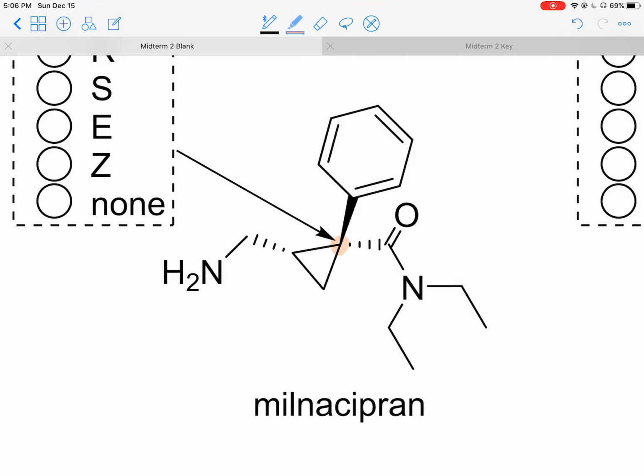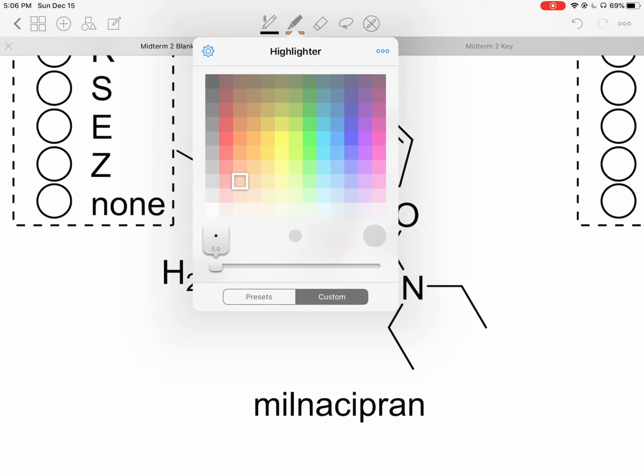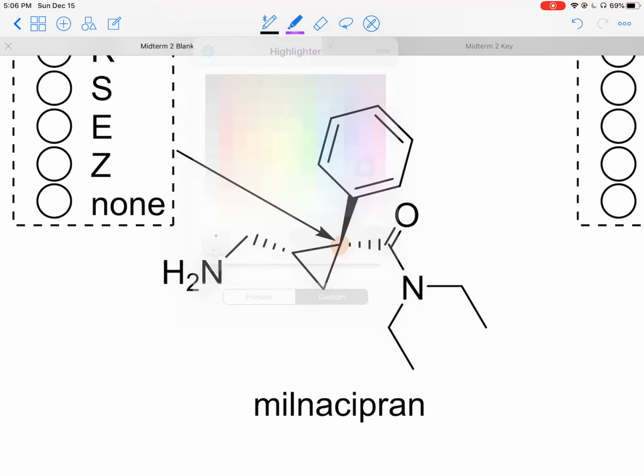Let's color code the four connecting atoms. There's this one, this one, this one, and then the fourth one is going to be that one. That's my bad, there's the wedge group right here for the benzene.